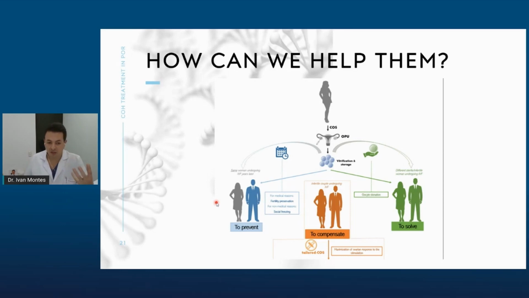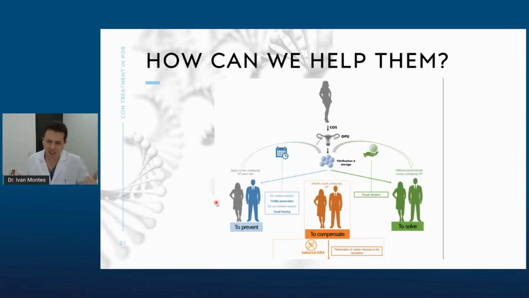So when you see a patient, even a patient that is not looking for fertility, you should see those red flags that can help you identify the patient that might be at risk of having poor ovarian reserve later in her life. Patients with a volume of the ovaries that is not in the normal values, or the antral follicle count that you see is not the number that you're expecting according to the age.